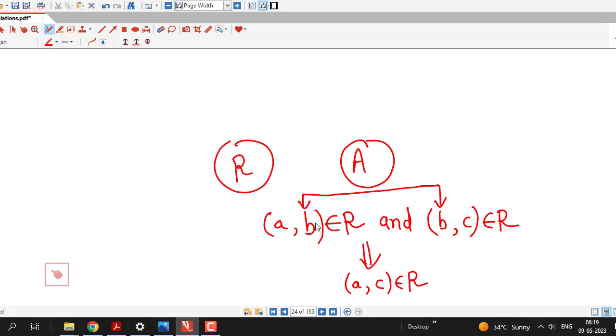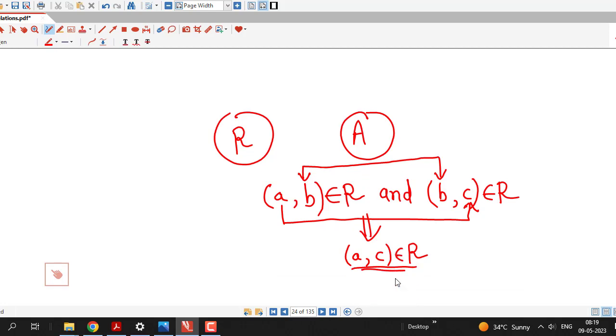So if this type of pairs are present in our relation, then if we consider the first component here and the second component here, the resulting ordered pair must be in our relation.